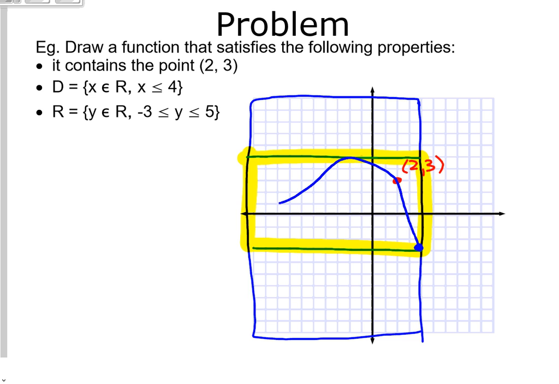And then it doesn't matter what it looks like because it can continue on forever in that left direction. Notice, all it told us was that our y values had to stay in between -3 and +5 and our x values less than or equal to 4. So something like this could definitely work because it satisfies all those properties.